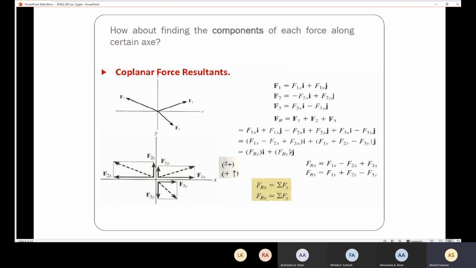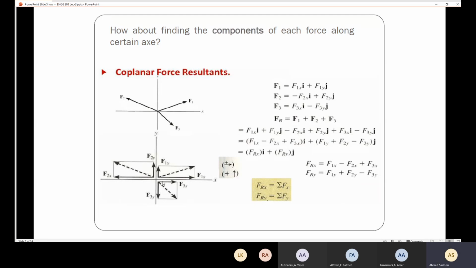And all of this is going to be represented by Fry, which means the resultant in the y direction. So Frx represents F1x minus F2x plus F3x, and Fry is going to equal F1y plus F2y minus F3y.